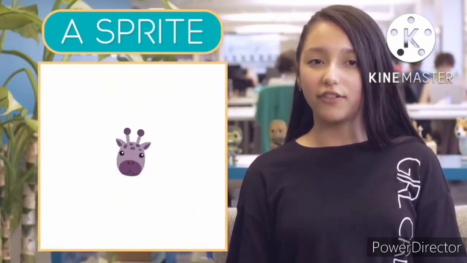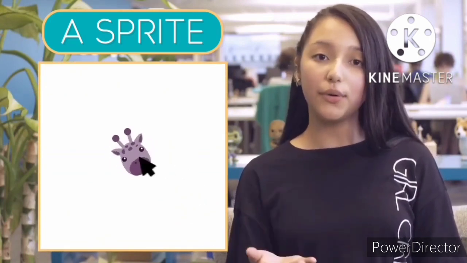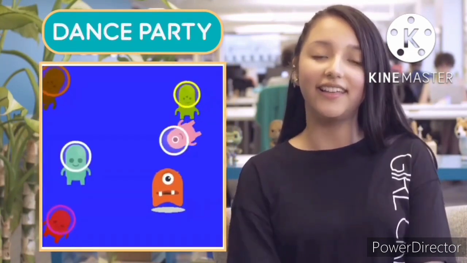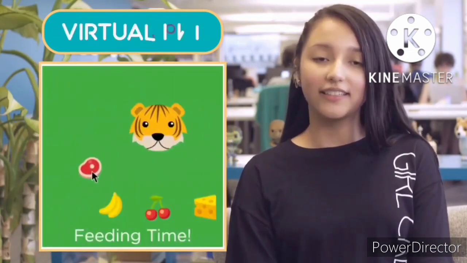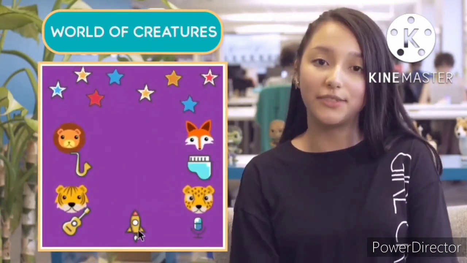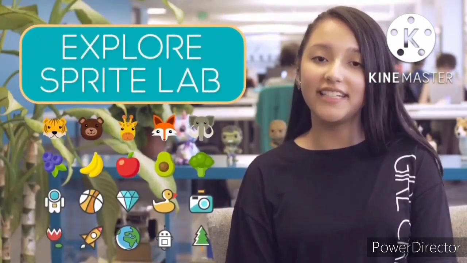You can also change how a sprite behaves on the screen. Sprites can also interact with you or each other. You can create a dance party, a virtual pet, or an entire world of creatures that do whatever you tell them to. Now you can spend some time exploring Sprite Lab and see where your imagination leads you.